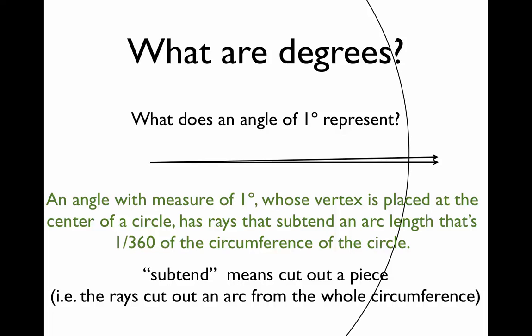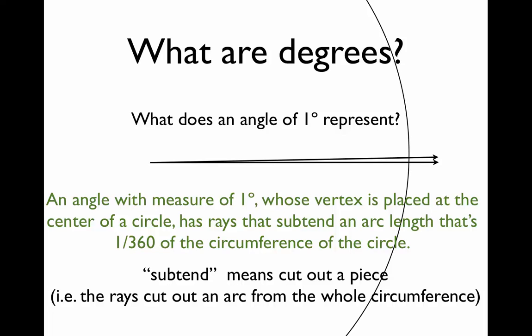Sorry. Okay, it has to do with 1/36 of the circle, but it is not 1/36 of the circle. Walden? It has rays that subtend an arc length that is 1/36. Exactly. Right. So you just replace it here: the angle whose rays subtend an arc length that's 1/36 of the circumference. That's what it means. It doesn't mean 1/36 of a circle. It means that the angle itself, its rays cut off an arc length, and that arc length is 1/36 of the circumference.